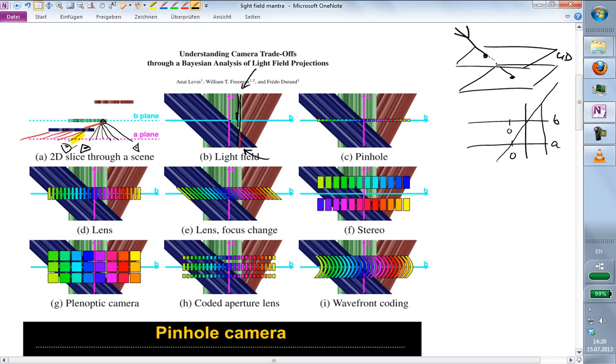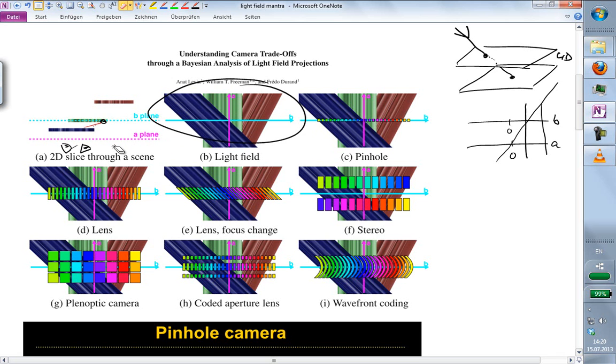Similarly, I can now consider all possible rays, and all possible rays correspond to all points in this two-dimensional diagram. I can always record what my eye, which has a single pixel because it looks at a single ray, would see at the end of this ray. And altogether, this gives you this picture here.